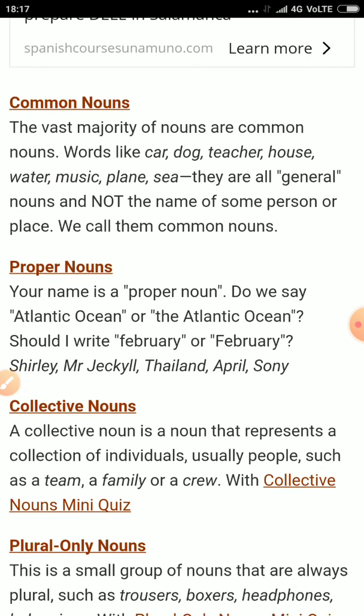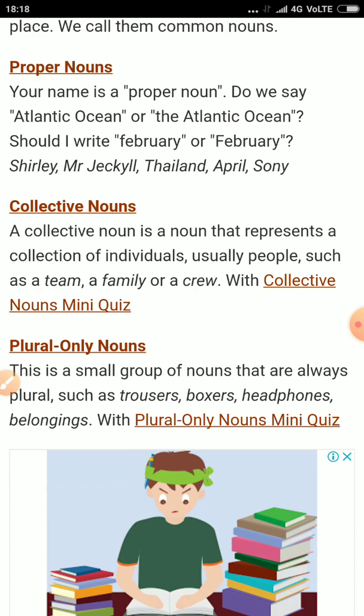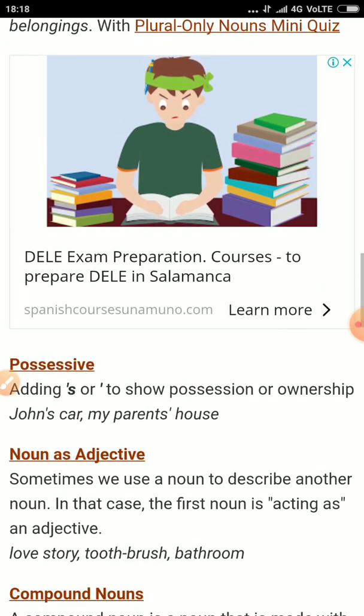Now again we understand what a collective noun is. What do you mean by collective noun? Collective means collection, group, gathering, crowd, mob, team, family, class. These are examples of collective nouns. And here we can see there are other kinds of noun not mentioned here.